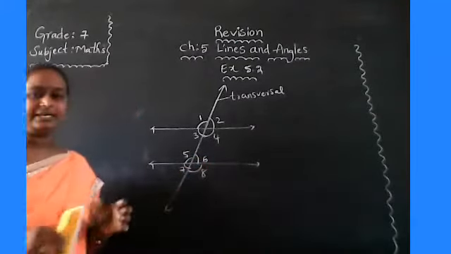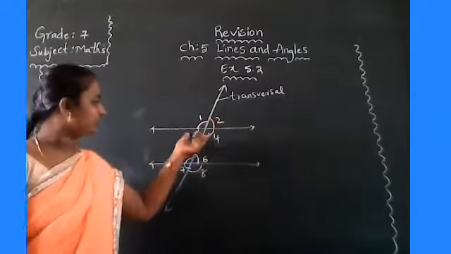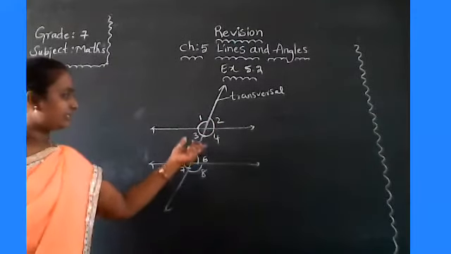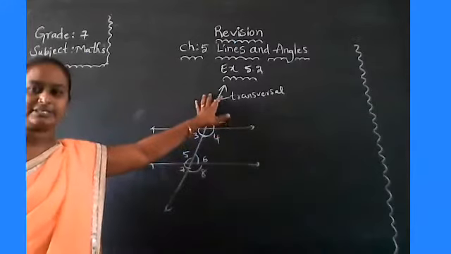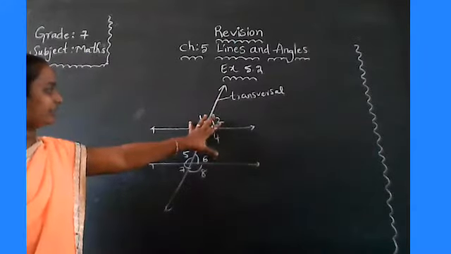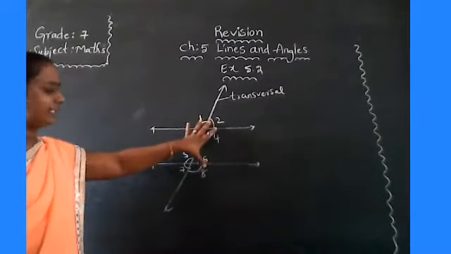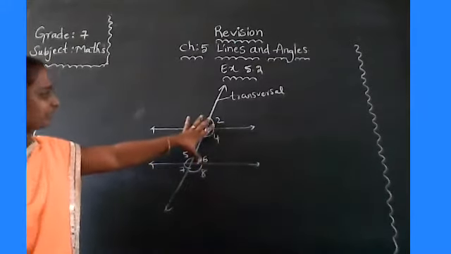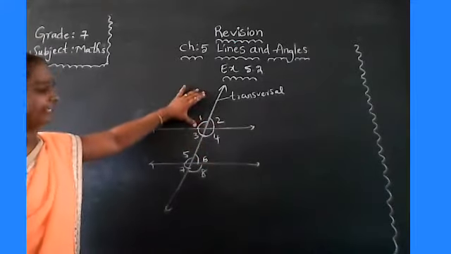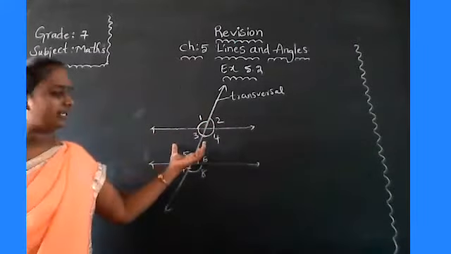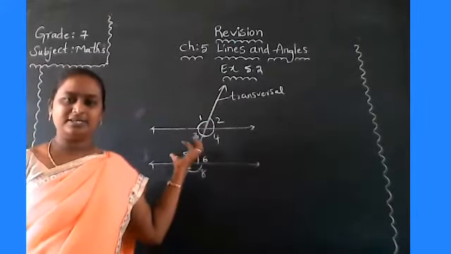A line that cuts two or more lines at distinct points is called a transversal. Here 8 angles are formed. So what are these angles? Some angles are lying outside, some angles are lying inside of the lines.